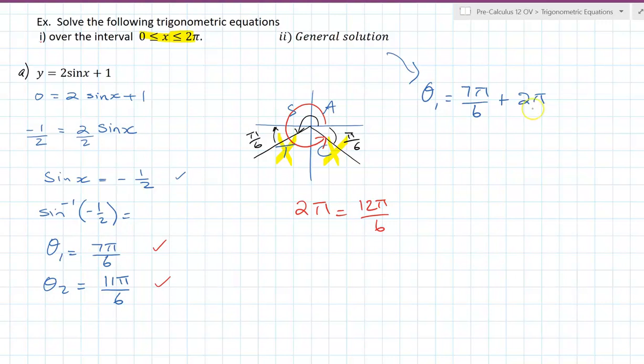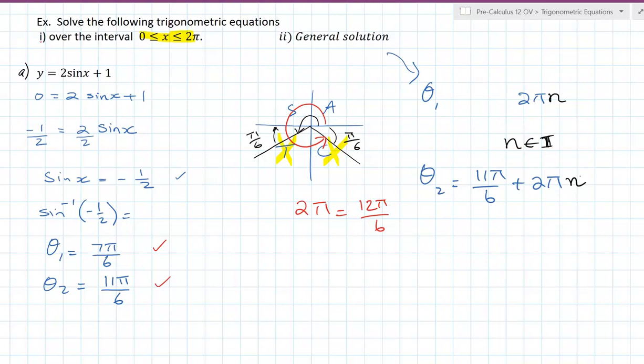So the way we write that, we say plus 2 pi n, and n belongs to the integers, okay? What happens if you go to the other angle as well? Same idea. So theta 2, 11 pi over 6, repeats itself, plus 2 pi n, same idea again. Remember, n just has to be an integer value, okay? It's a whole number, all right?